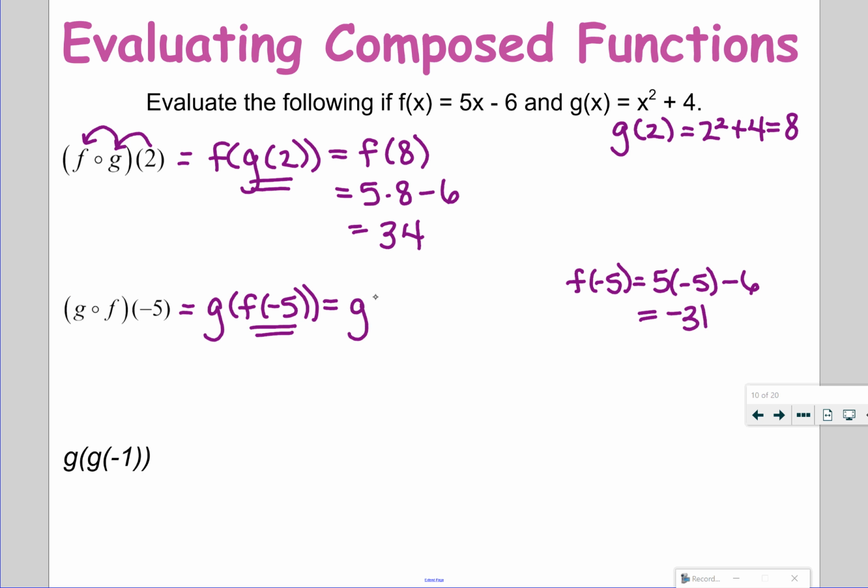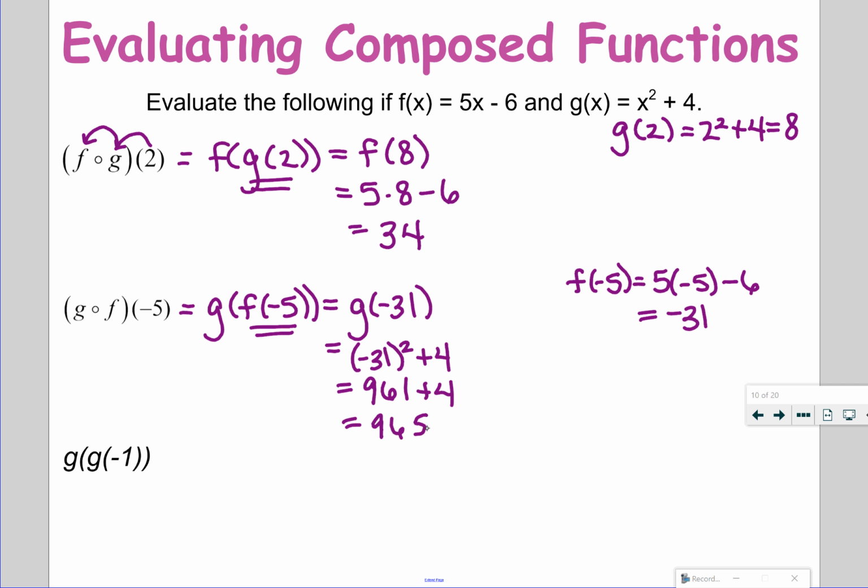So I'm going to replace what's on the inside with negative 31, and I'm going to plug that answer into G. Negative 31 squared plus 4. 31 squared, you can just do that part in your calculator because again they start to get a little big. Plus 4, that's 961, plus 4 gives me 965.